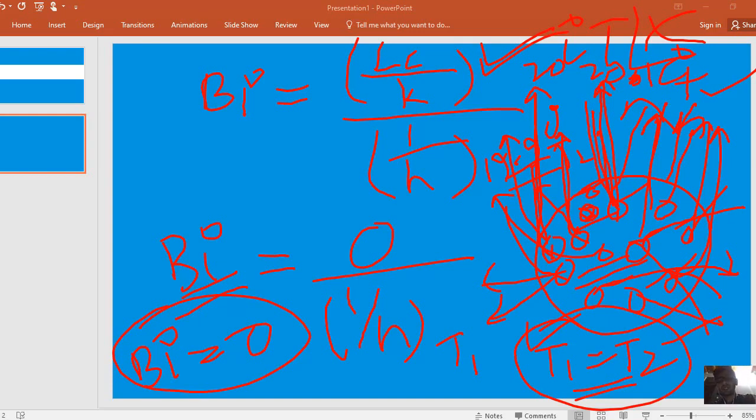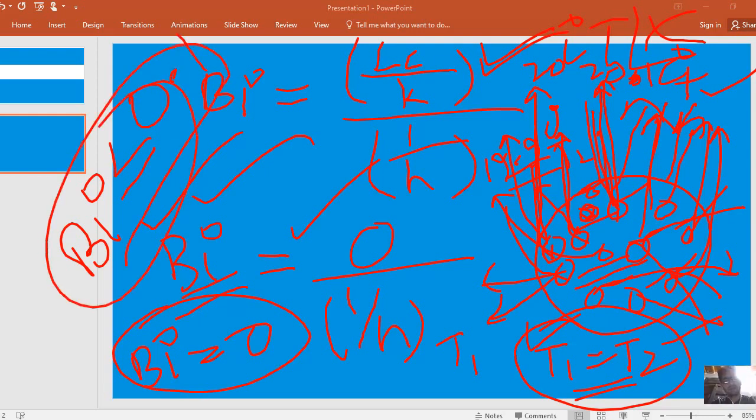The temperature at different points can be slightly different from each other. So this is the Biot number. For a complete lump system, the Biot number will be 0. But in reality, the criteria for lump system is that the Biot number should be less than or equal to 0.1. This is the criteria for lump system analysis. Thanks.